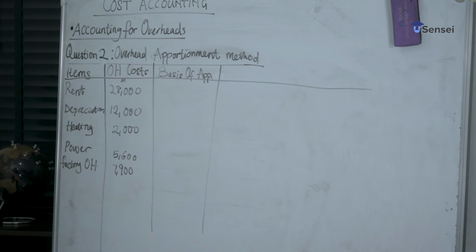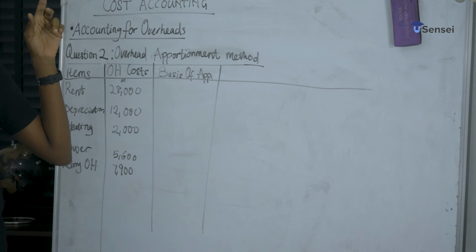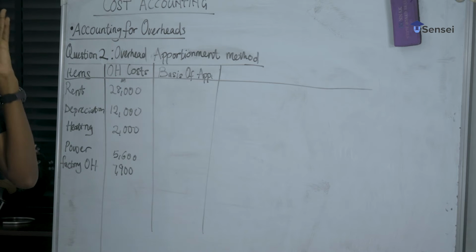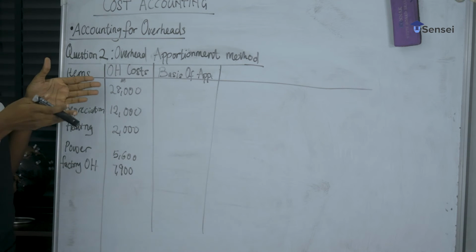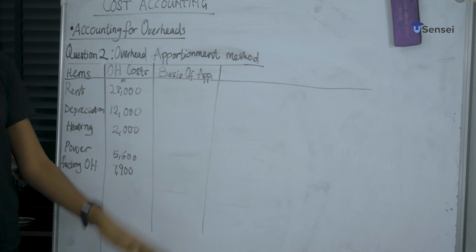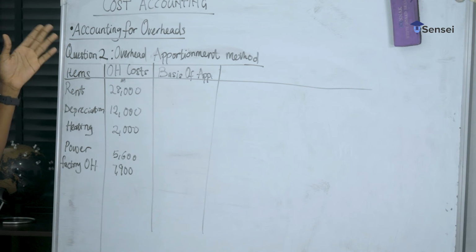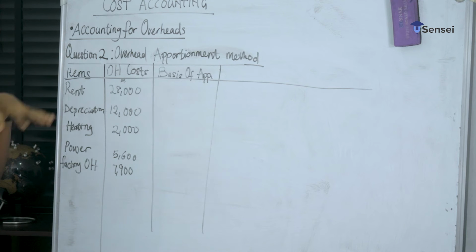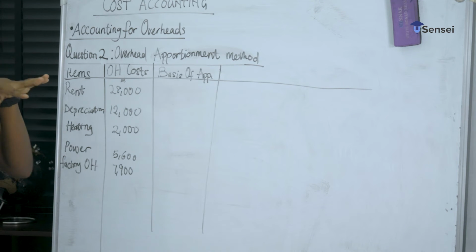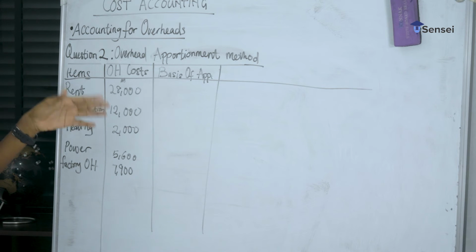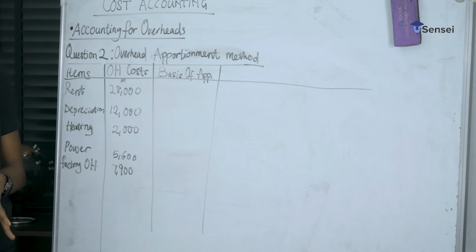I'll continue. Rent. If you can recall, when we were explaining overhead apportionment, we listed some types of overhead costs and the possible basis of apportionment for them.